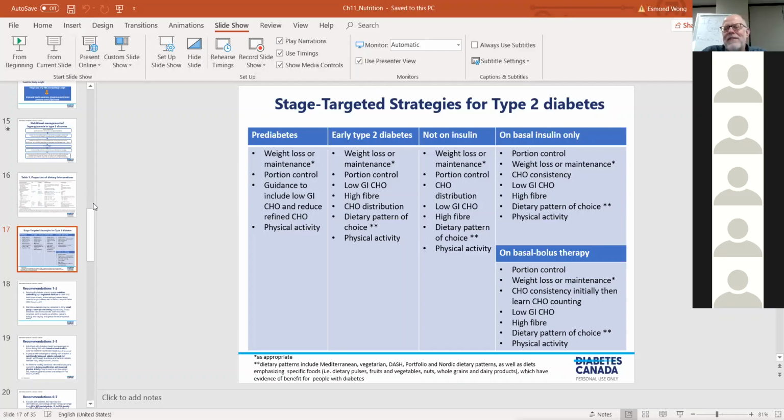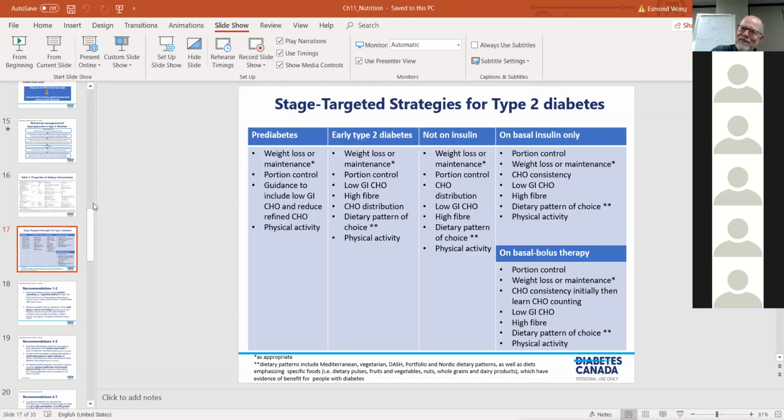So if someone's on basal insulin only, the guideline is that carbohydrate consistency would be the difference, I would say. So trying to be fairly consistent is the way I would put it with carbohydrates.